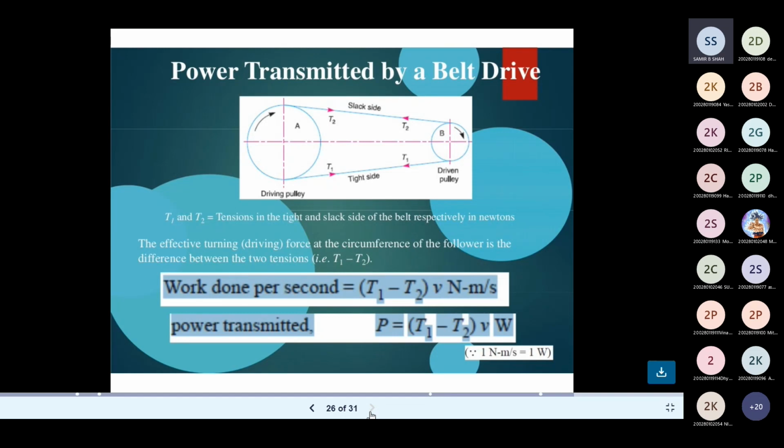We know that the driving force at the circumference of the driving pulley is equal to T1 minus T2.